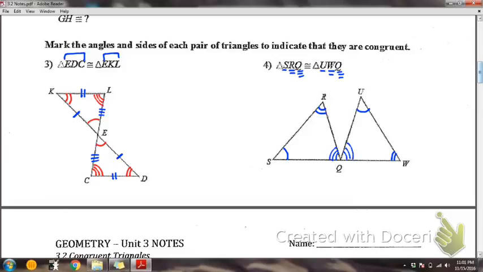Okay, so before you get going on the sides, please check to make sure your angles all match up correctly. You should have S going with U, R going with W, and Q going with Q. Once you have that correct, let's go ahead and mark up our sides.